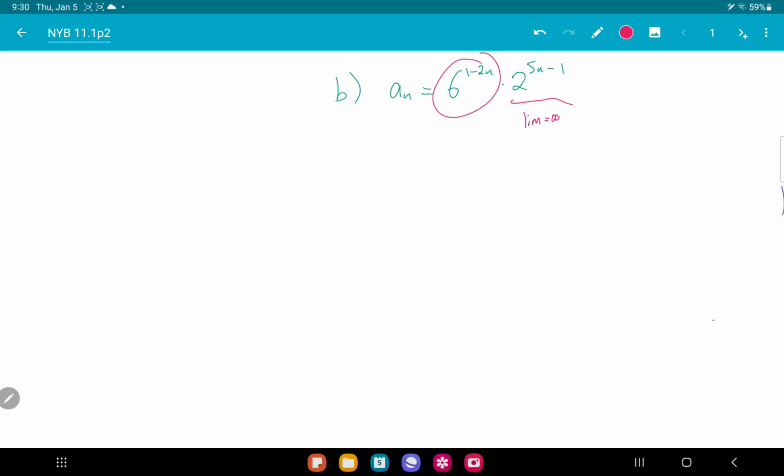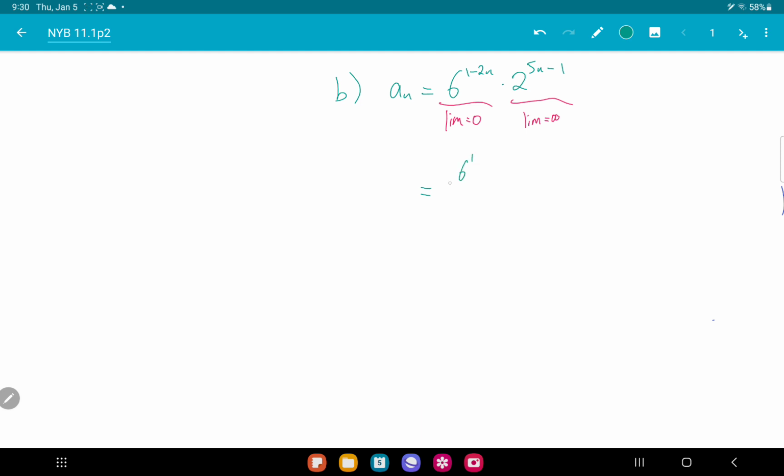So because it's 6 to negative infinity, the limit here is 0. Okay, so it's an indeterminate form. 0 times infinity is a very difficult thing. So we have to simplify to make it easier.